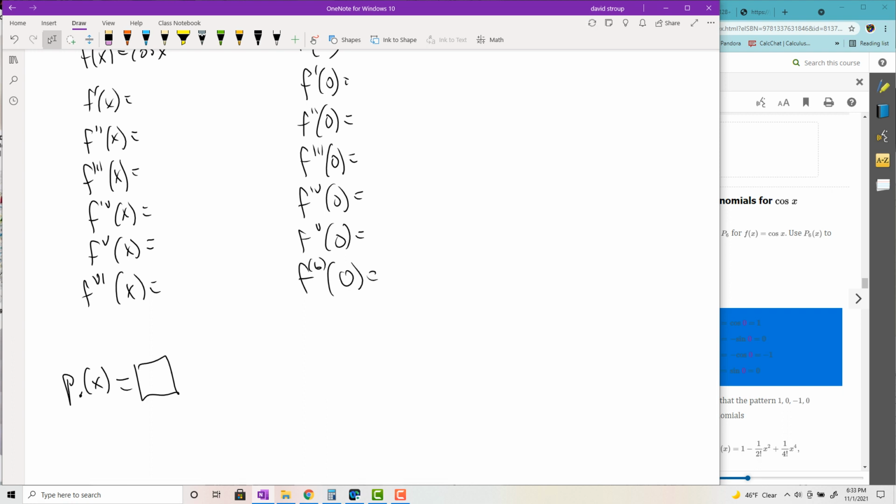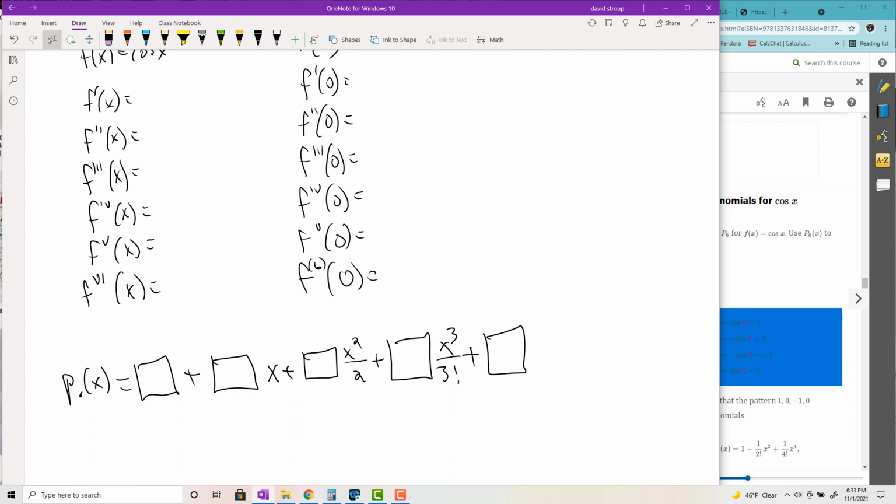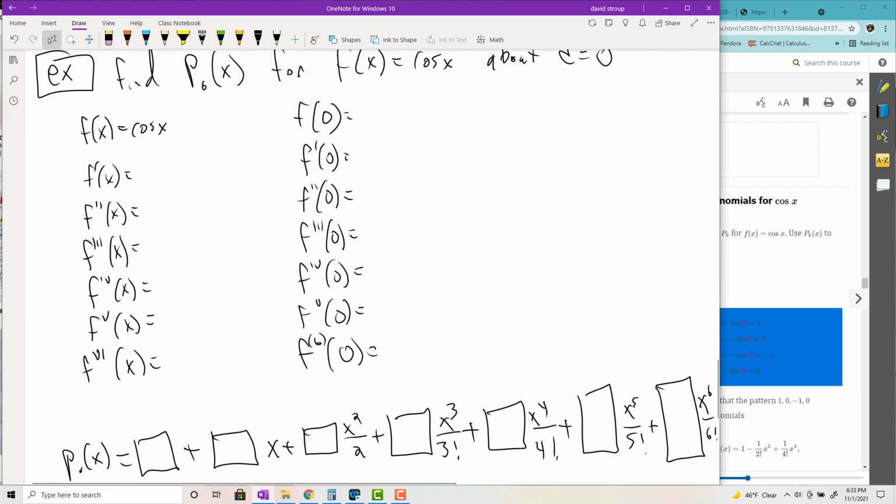So it's going to be blank plus blank x plus blank x squared over 2 plus blank x cubed over 3 factorial plus blank x to the 4th over 4 factorial plus blank x to the 5th over 5 factorial. I'm going to smush it in plus blank x to the 6 over 6 factorial. Okay, and then I could just fill all the material in.